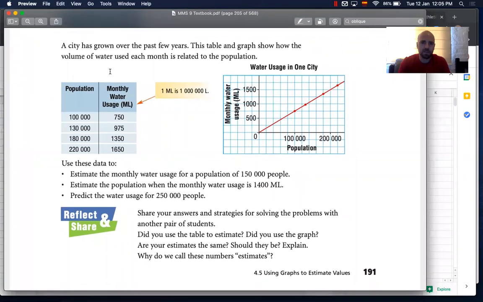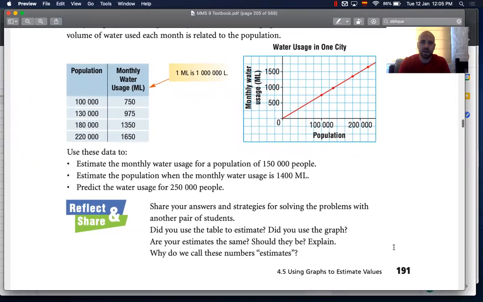Here we have a population in a city in relation to the amount of water used. And this capital ML is different than a lowercase ml. These are called megaliters. A megaliter is equal to 1 million liters. So that's a lot of water.